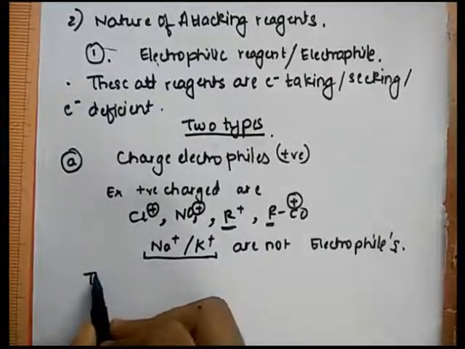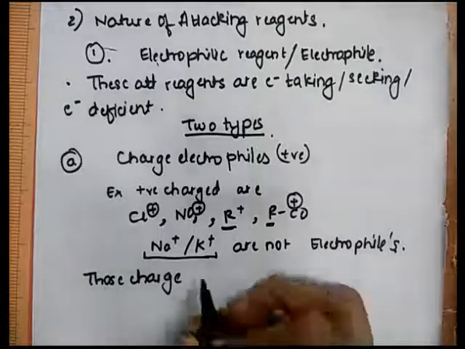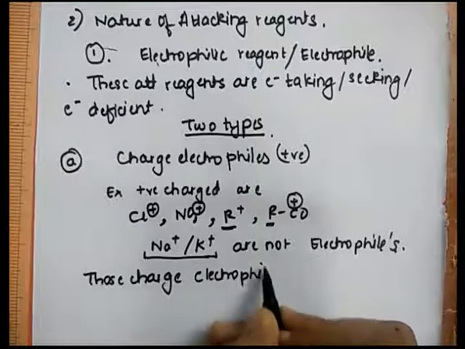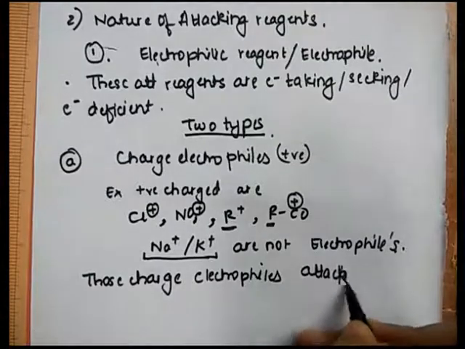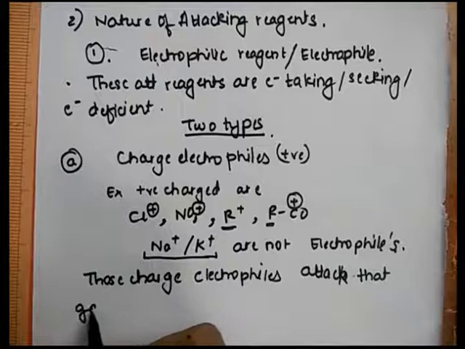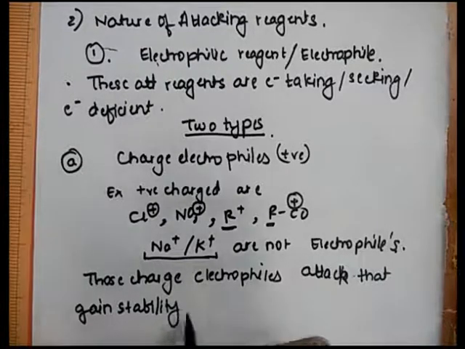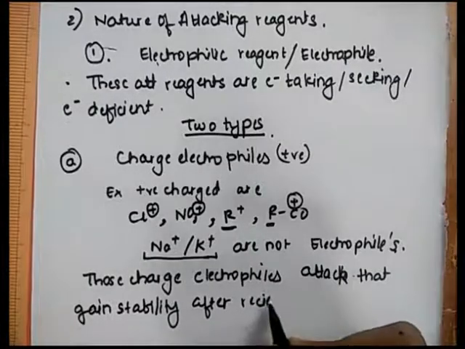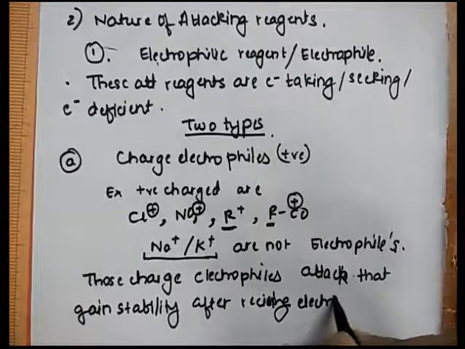So those charged electrophiles attack that gain stability after receiving electrons.